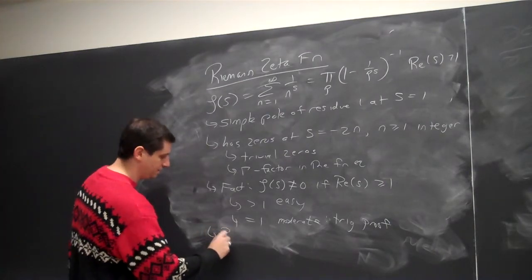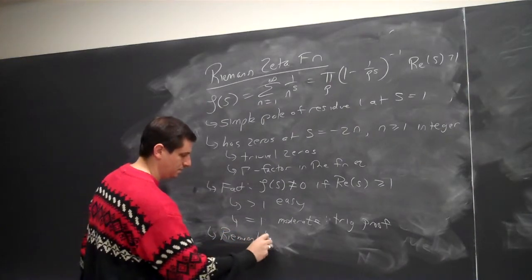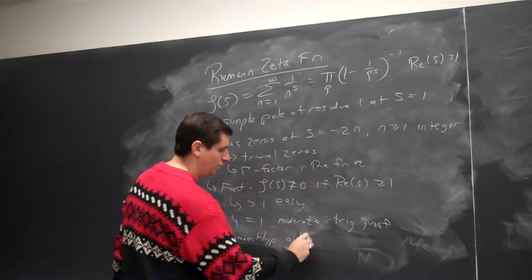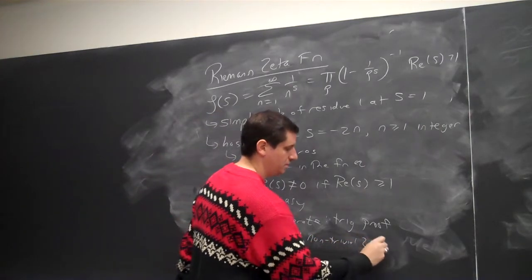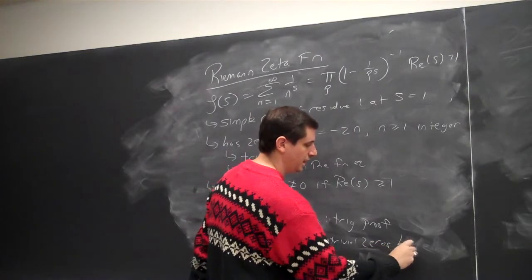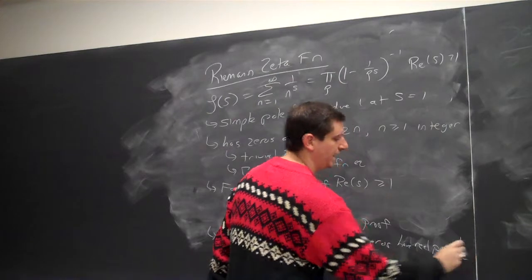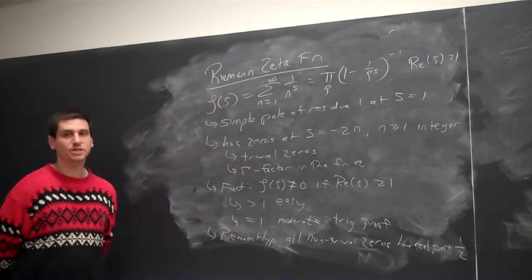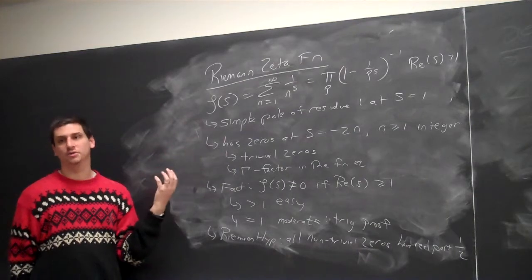And the Riemann hypothesis: all non-trivial zeros have real part equal to 1/2. So in some sense it's saying that the zeros are distributed as symmetrically as possible.